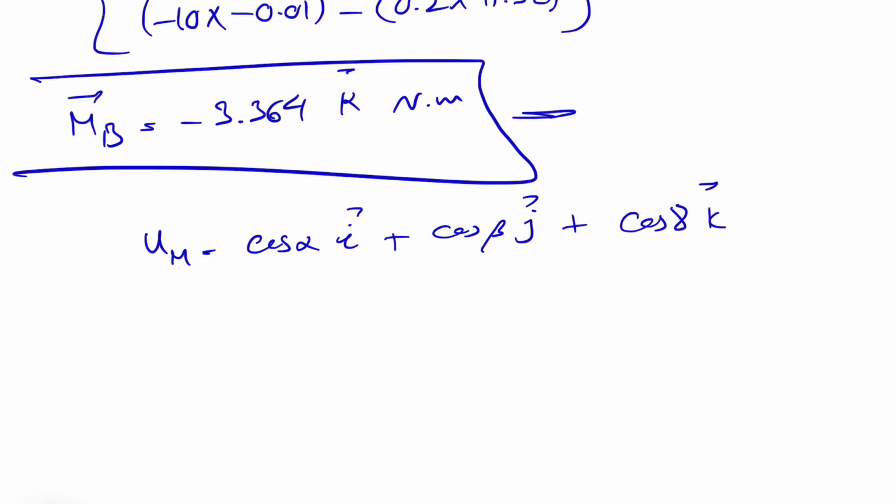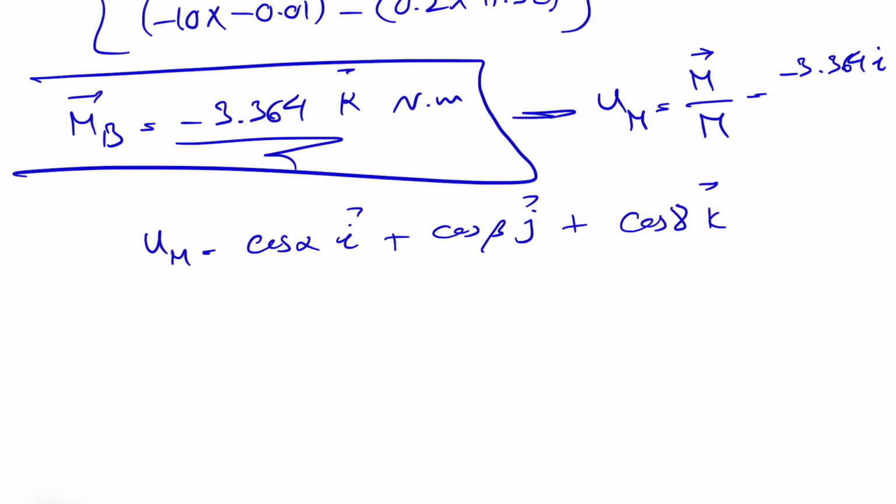If we want to find the unit vector of our M, it will be the vector form, which is what we have here and only has k, divided by the magnitude of M, so minus 3.364 k over 3.364. Our unit vector here would be minus 1 k.